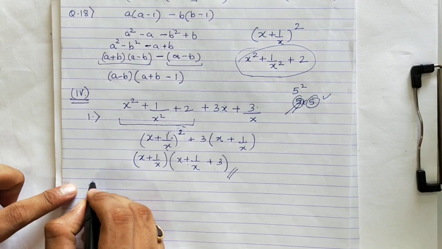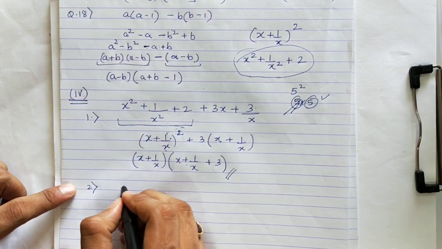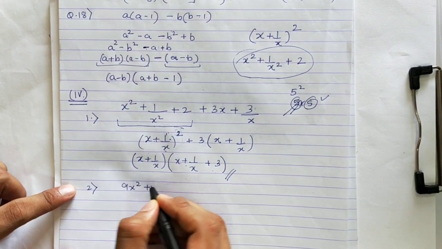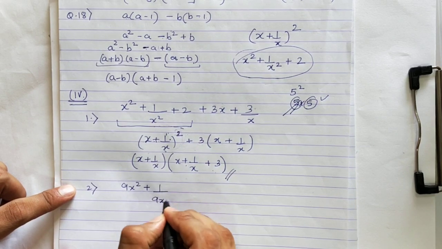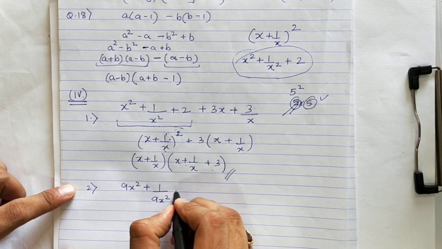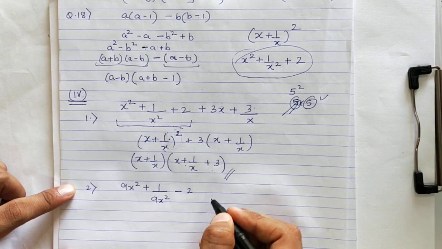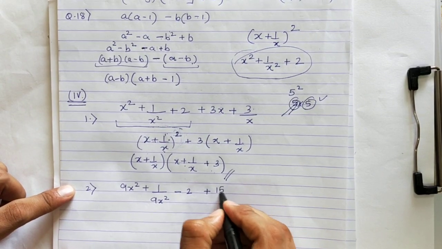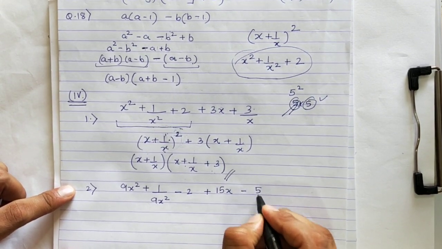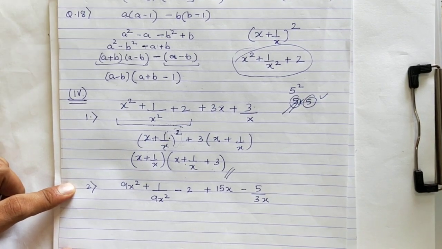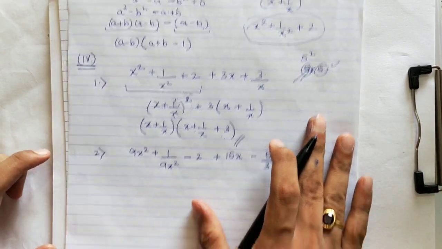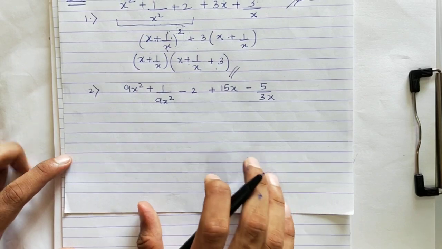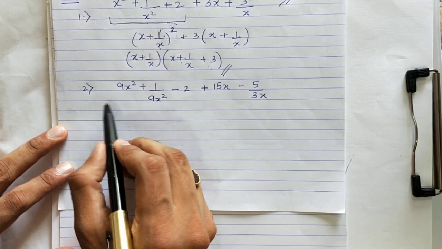Second question. It is 9x square plus 1 upon 9x square minus 2 plus 15x minus 5 upon 3x. Okay. Even here, this is a formula.